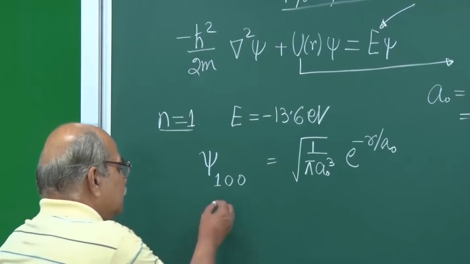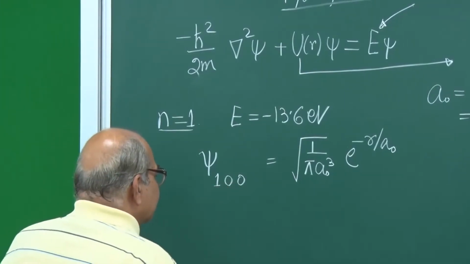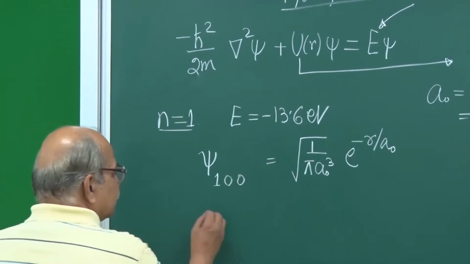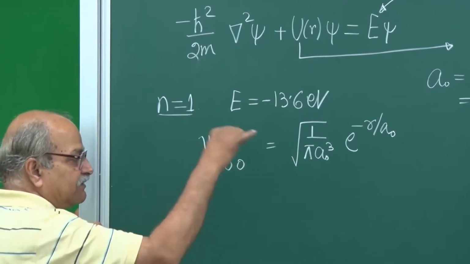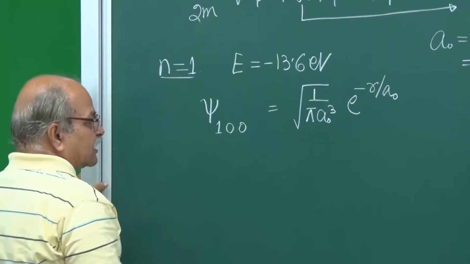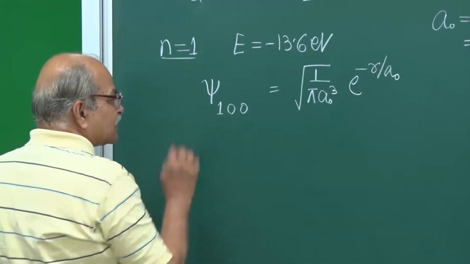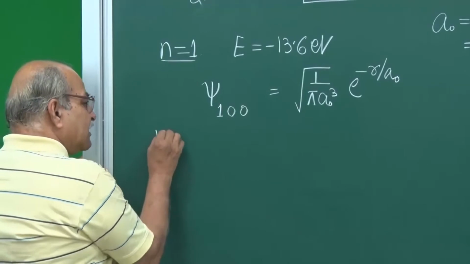Now these three digits that I have written here, they are in fact three parameters in terms of which these wave functions are described. I will tell what those parameters are, but let us first go for n is equal to 2.